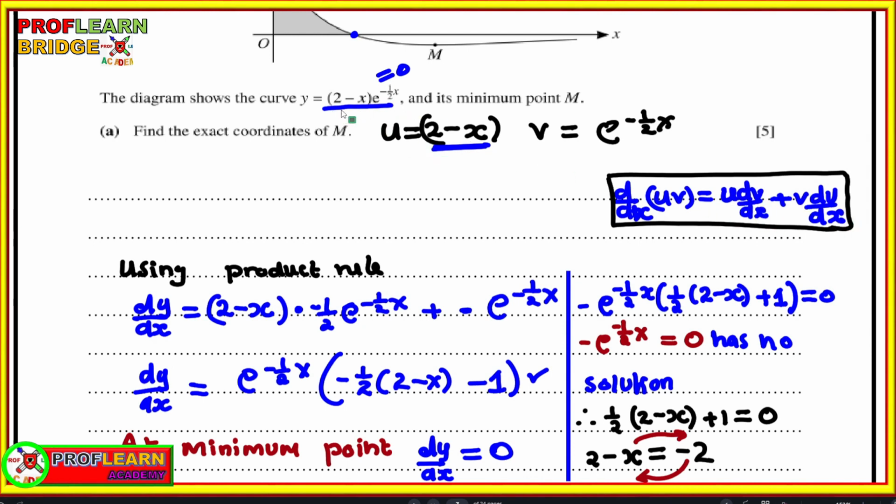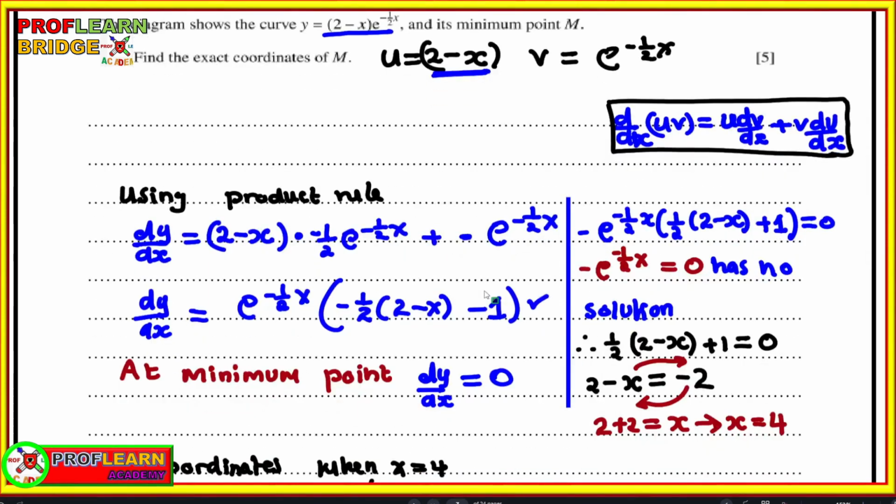And I'm going to let the whole of this function 2 minus x be equal to u and e to negative a half x to be our v. So once you do that, in order to work it out, remember first we are going to find u dv/dx. So we shall write the u here, which is 2 minus x. If you differentiate e to negative a half x, it is going to be negative a half because you differentiate the top and you multiply it with the exponent.